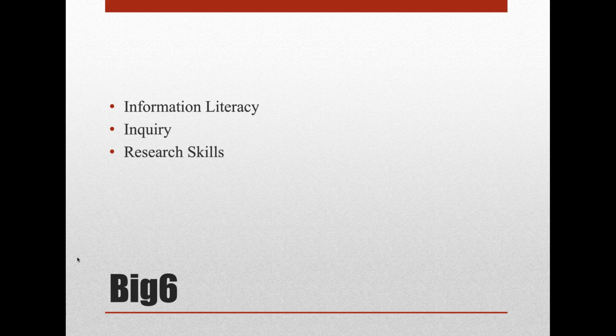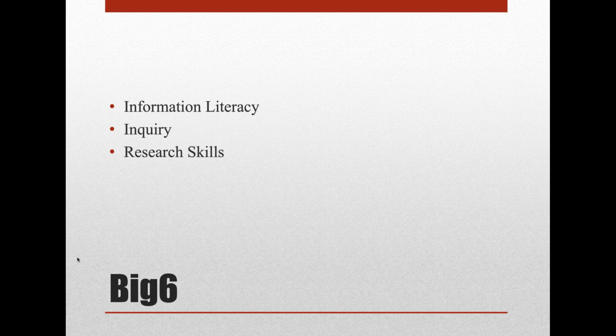through something like the Big Six, where you're teaching information literacy, inquiry, and research skills. It's a model that was developed by Mike Eisenberg and Bob Berkowitz, and it's used to teach inquiry, information, and research skills, which has to do with information literacy.